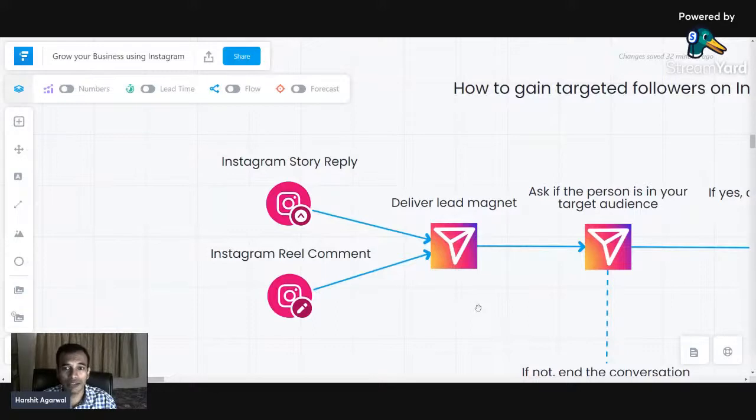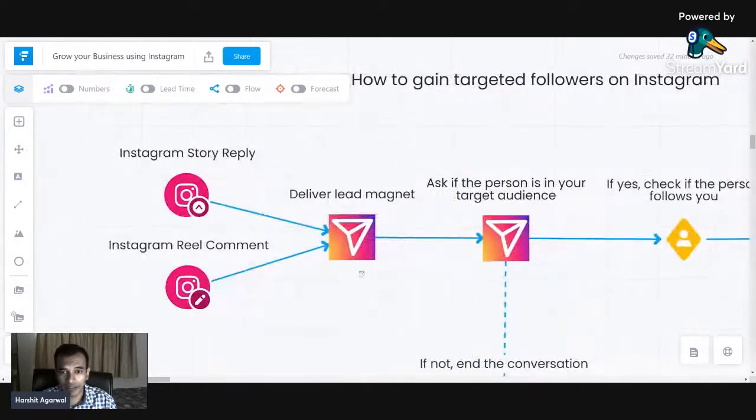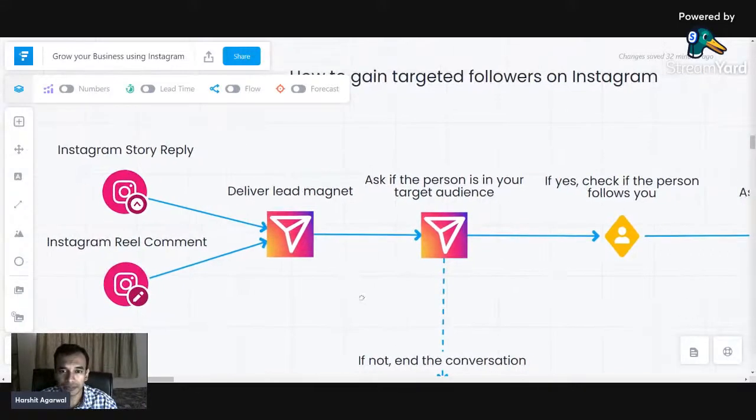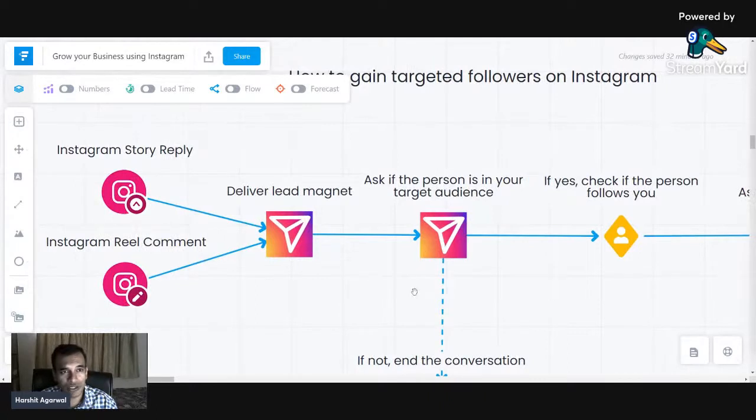And once people do that, deliver the lead magnet, and then a few minutes after people have consumed the lead magnet, ask them a few questions about whether they belong to a target audience or not.